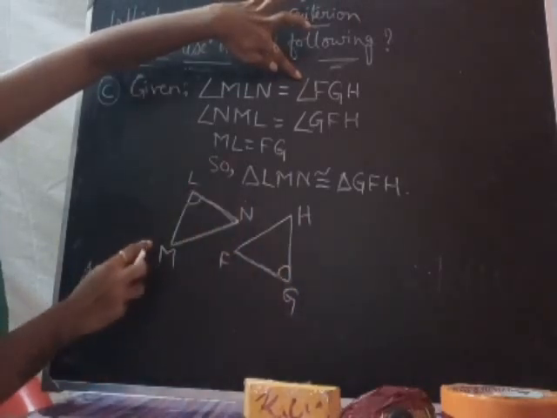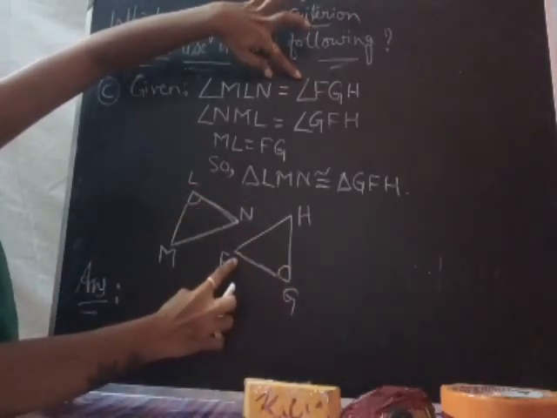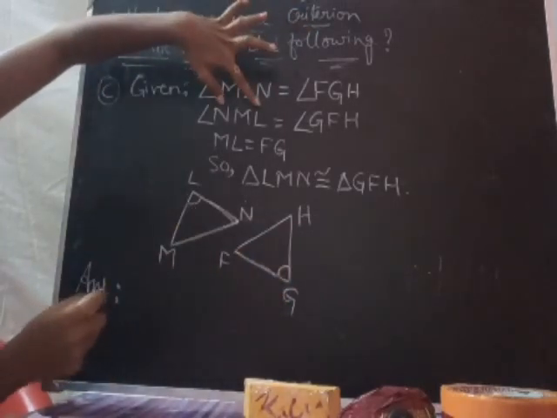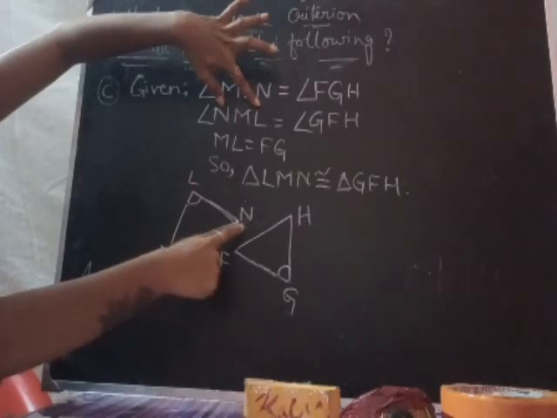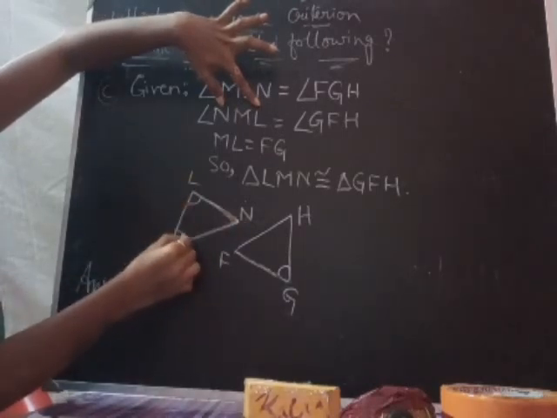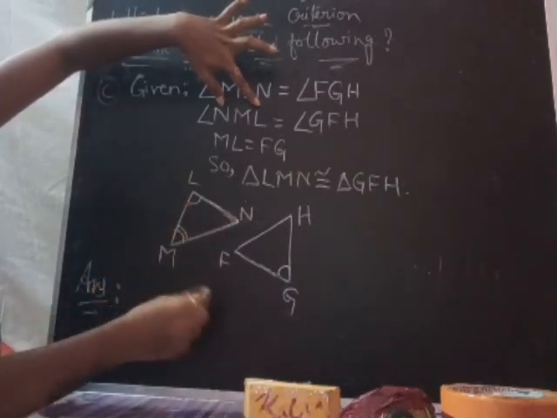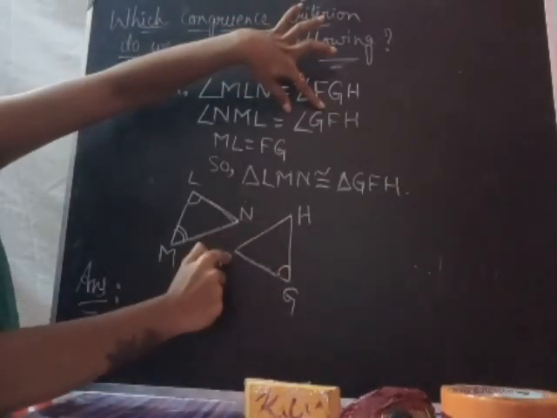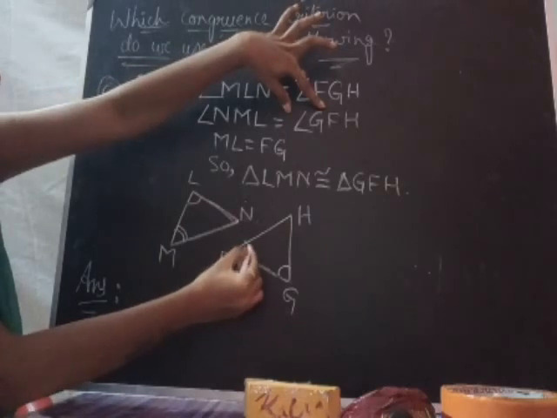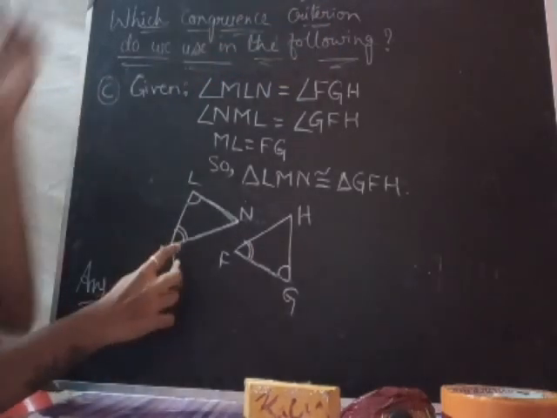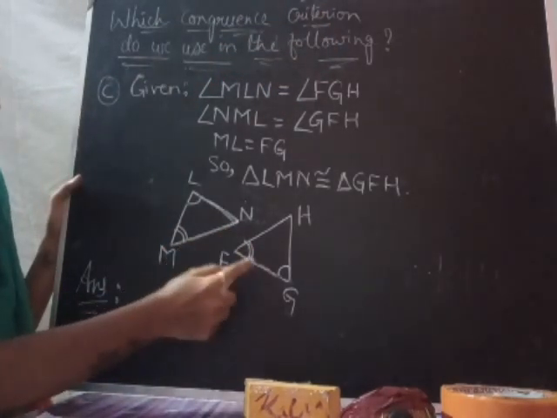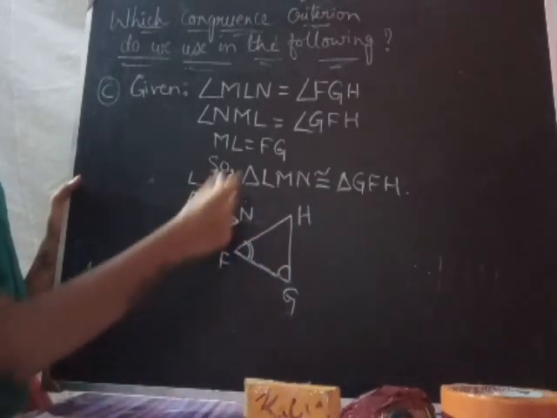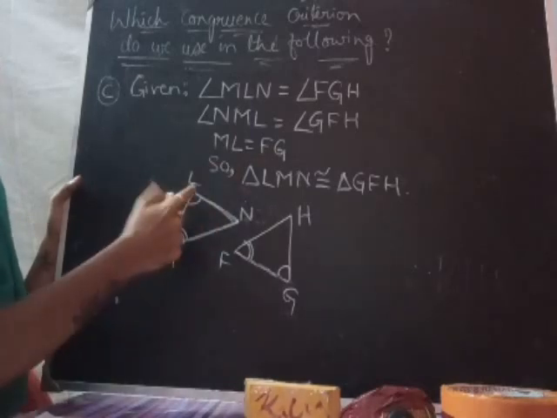Next, angle MNL equals angle GFH, angle LMN equals angle GFH. And they have given a side, ML equals FG.